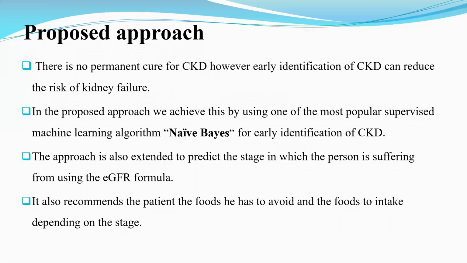This approach is also extended to predict the stage in which the patient is suffering using the eGFR formula. It also recommends patients the foods to be avoided and the foods to be taken depending on their stages.